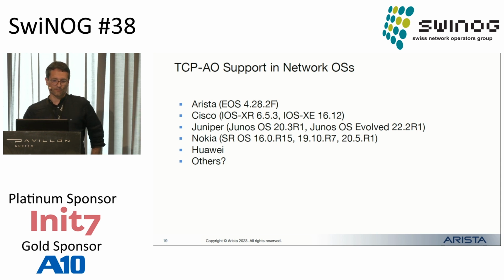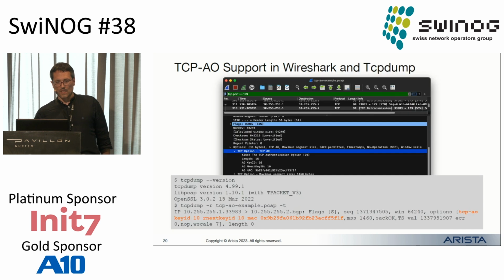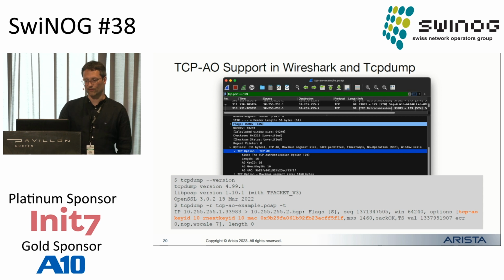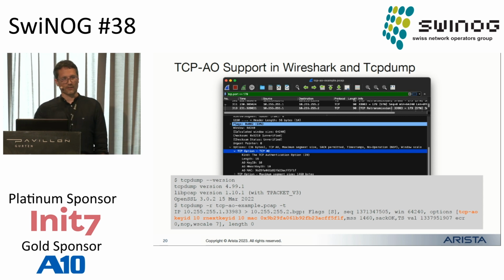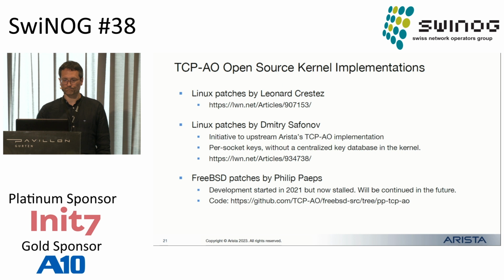But I think the major vendors are available here. In our debugging tools, it's also available. So if you use tcpdump or you use Wireshark, you can see all the flags in the TCP AO header and can use that to debug if there is an issue.